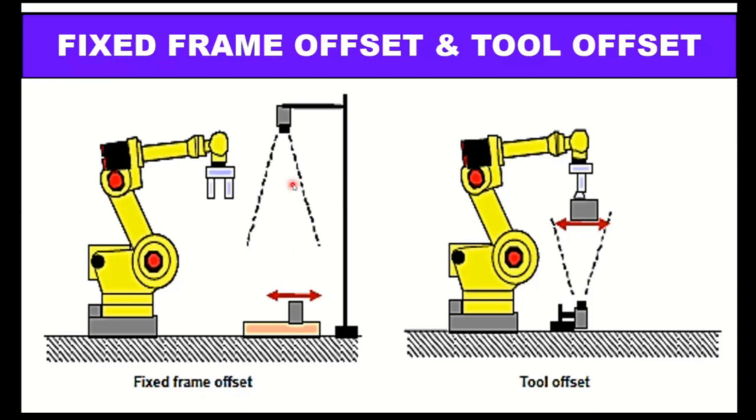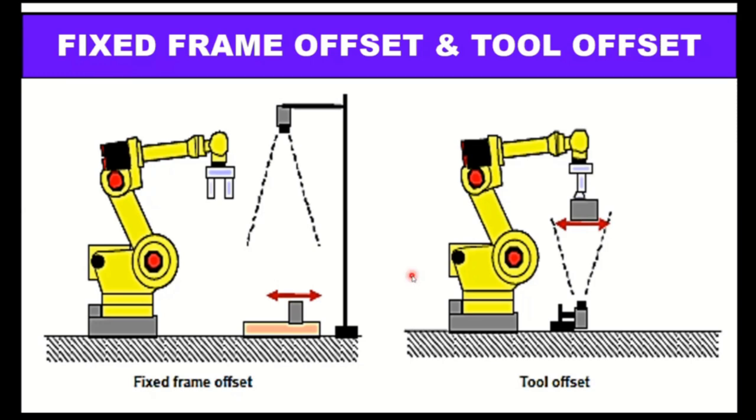So this is fixed frame offset, because the camera is now fixed and you are looking from the camera perspective towards the object.